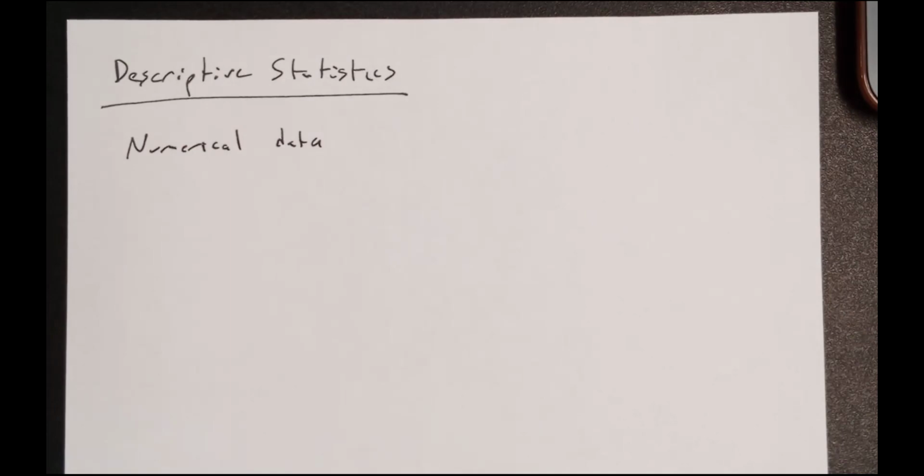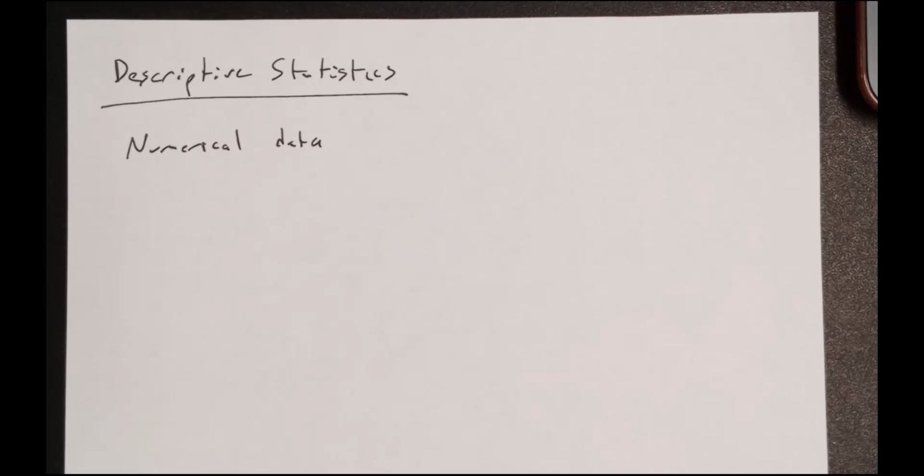And when we describe a sample, we get a statistic. When we describe a population, we get a parameter. So most of what we're doing is examining our statistic to then make comments about the parameter for the population.